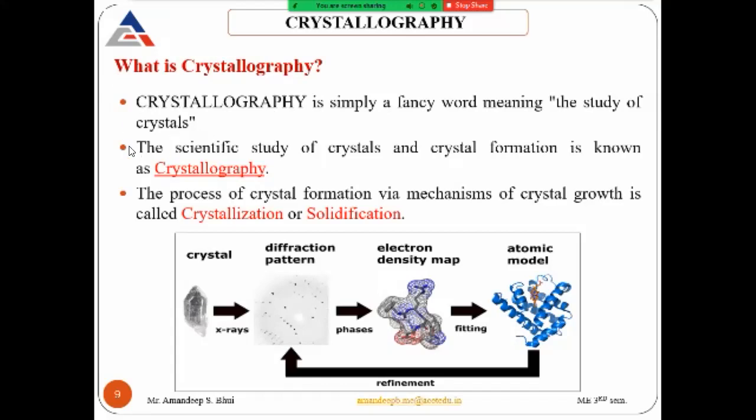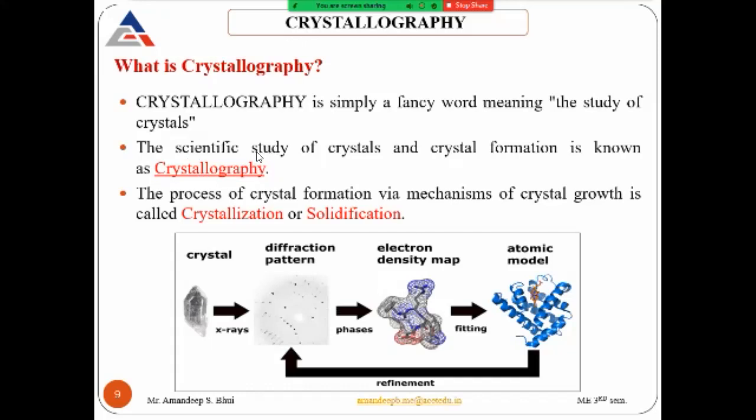So what we do in crystallization, this diagram shows here, we take a crystal, we pass the X-ray through it, and through the diffraction pattern or X-ray diffraction pattern, we look into the microscopic view of the crystal, and then we look into the atomic model of the crystals formed.